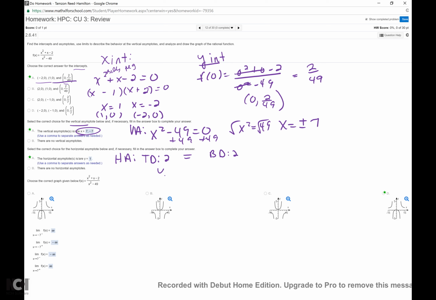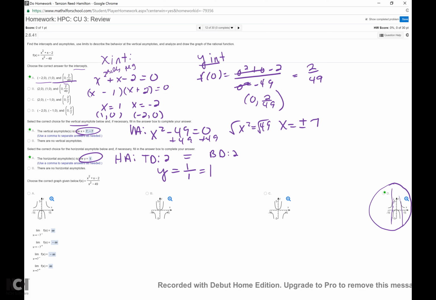They're equal, so my horizontal asymptote is the top leading coefficient divided by the bottom leading coefficient, which is 1. So y equals 1 is my horizontal asymptote. Type it in the graphing calculator and you get this picture. Okay? And remember, we have asymptotes at -7 and at +7.